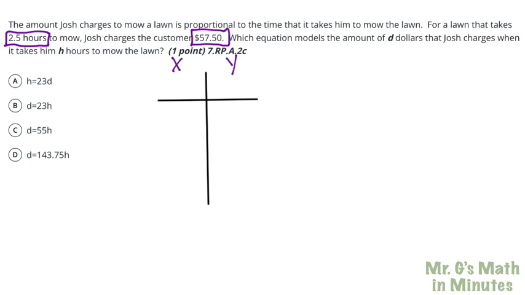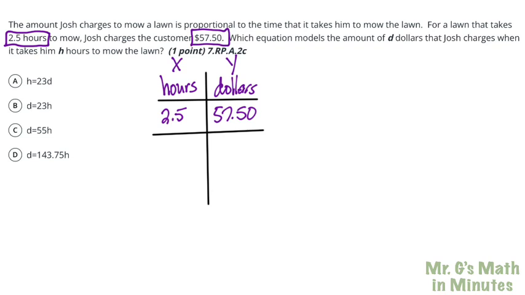So if we want hours to become a 1, that means we want it to be our X. So I'm going to go ahead and put my hours here, and I'm going to put my dollars or my pay, whatever it might be, here. So putting those numbers in, we've got 2.5, and then we've got 57.50. So there's our table, and it wants us to create an equation.